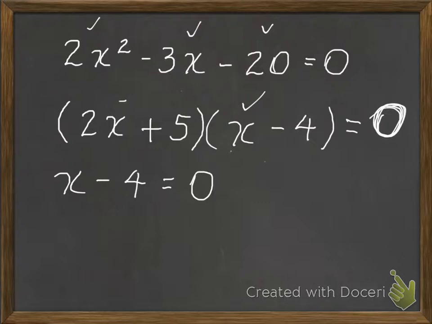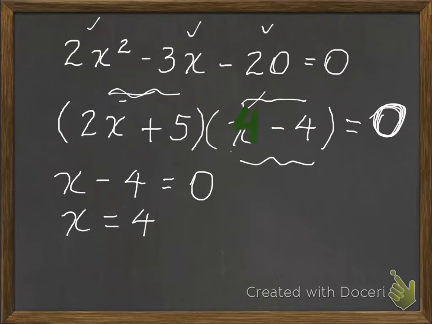To get those, we see what makes each factor 0, because 0 times the other factor will make it 0. So it sounds like you correctly solved for x here and found that if I put x equals 4 here, I'm going to get 0, and 0 times the other factor will give us 0. So that's one of the solutions.